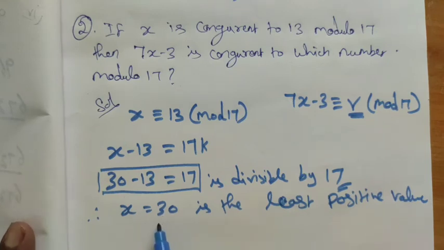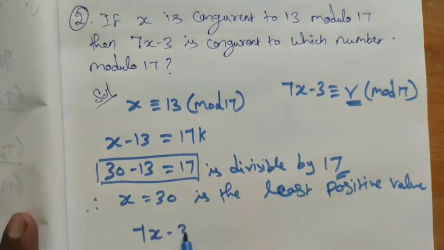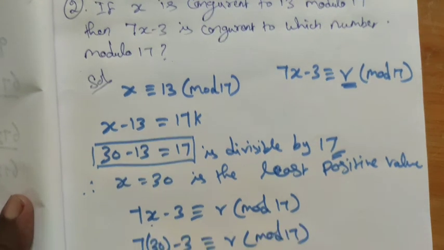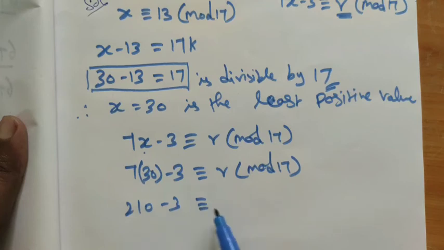That is the smallest one. So now let's take that value and substitute it here. That is 7x minus 3 is congruent to remainder r mod 17. With x equal to 30, 7 into 30 minus 3 is congruent to r mod 17, right? 7 into 30 is 210, minus 3 is congruent to r mod 17.